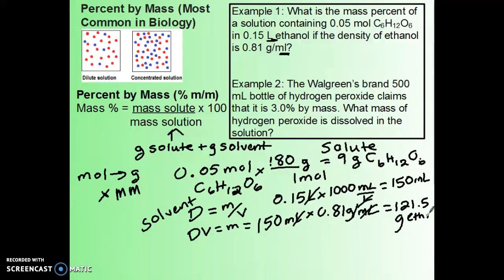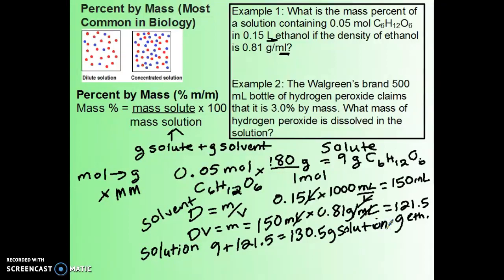So we got to take the mass of our solute, we already found that, 9 grams, over the mass of our solution. So the solution then is our solute plus our solvent, like we already said. So that's going to be 9 plus 121.5, and we are going to get 130.5 grams solution.